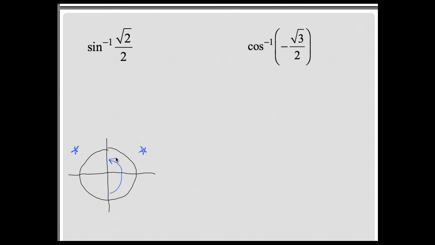So that goes from negative pi over 2 to positive pi over 2. So the only answer we're going to have is out of the first quadrant. So think of your unit circle. You want to think of where the sine value, the y-coordinate from the unit circle, is square root of 2 over 2, known to most of us as 1 over root 2. That's simply going to be pi over 4.